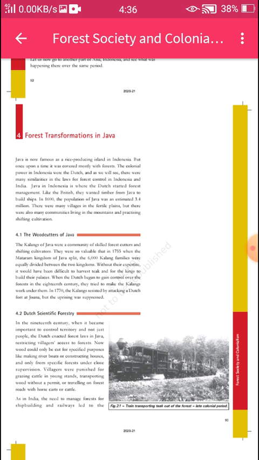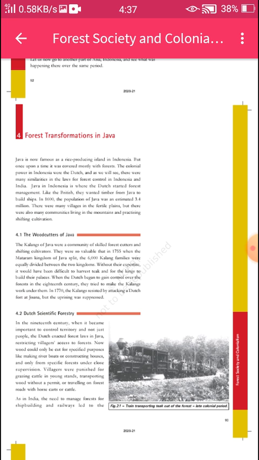When Indonesia was under the control of the Dutch, there were many similarities between India and Java. They made rules and regulations related to the forest.